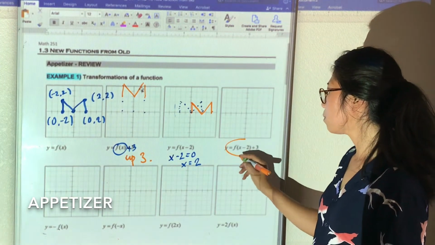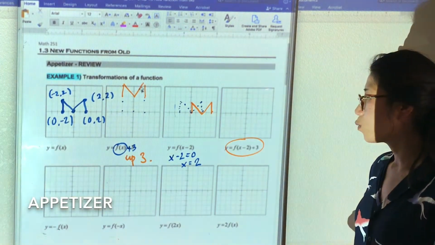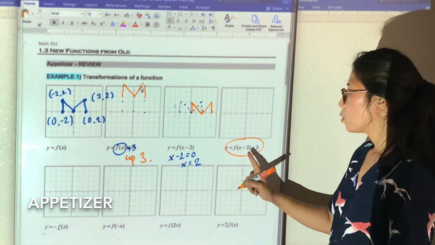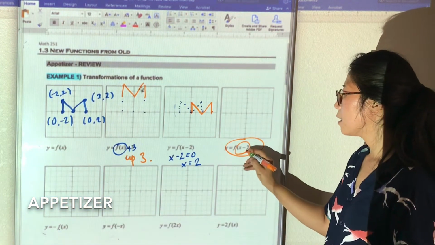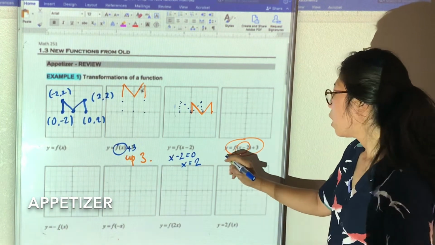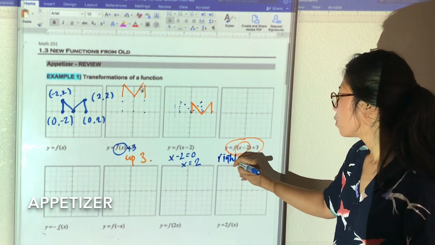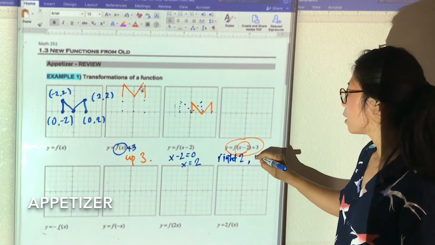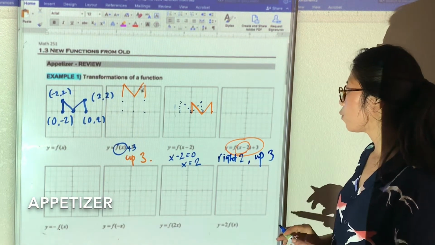So if you think about the next function, this one is combined between these two and this one. So the inside of the parentheses will help me go right 2. And then as you could guess, the next will make my graph move up 3.